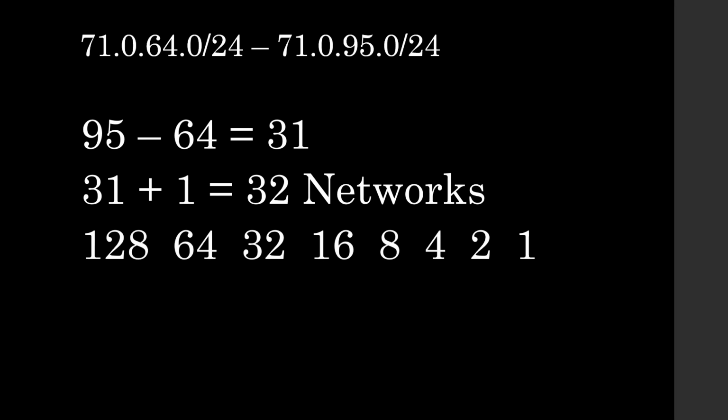So what is the increment? If there are 32 networks, what's the nearest number to 32? Of course, it's 32. So our increment is 32. Then we have to get the range of the summarized networks.